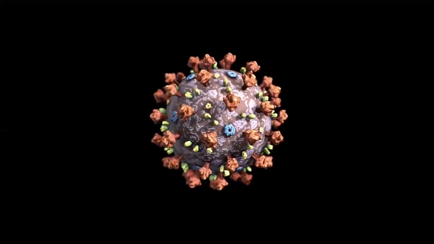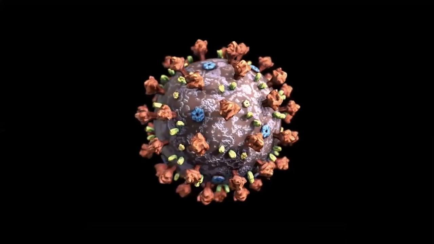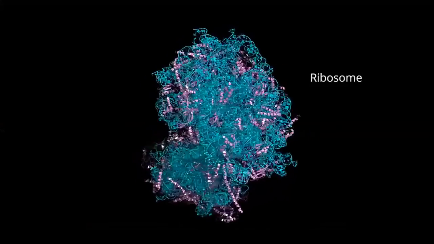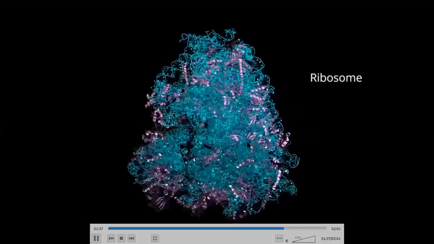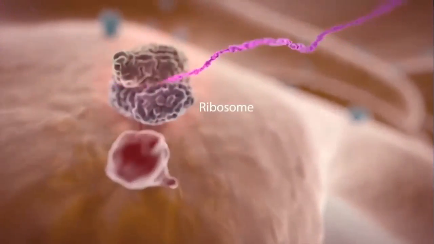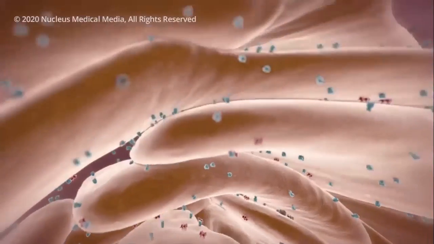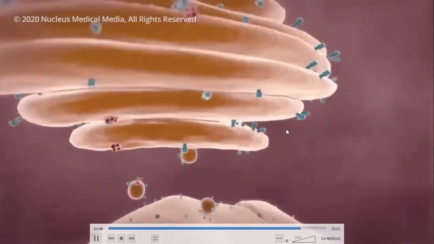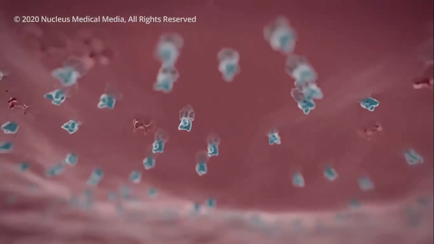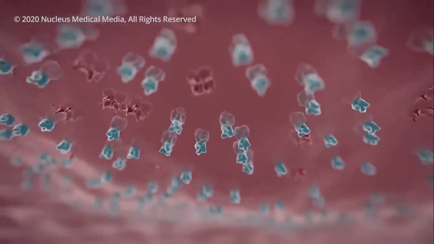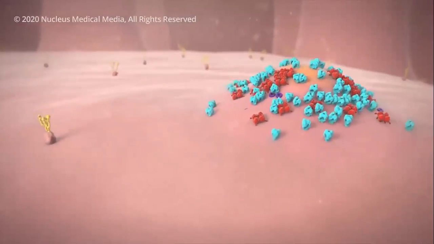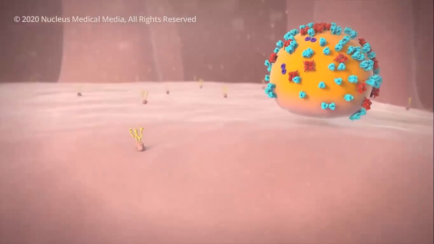Okay, and after the destabilization of the virus particle, the nucleic acid is exposed to the ribosomes, and ribosomes can read that messenger RNA, and it can give more and more proteins, and then these proteins will be processed in the Golgi apparatus, and they will assemble again, and they will go outside the cell again. Okay, now they are going outside to find another host, another healthy cell.